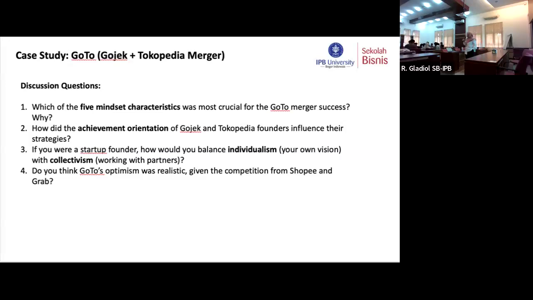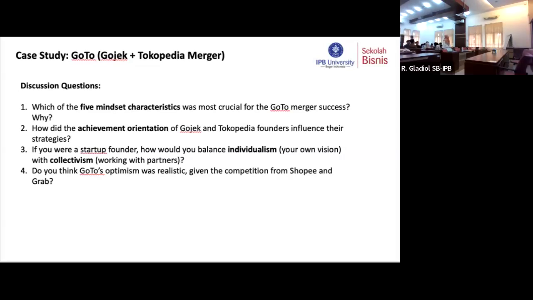Okay, our group thinks the most crucial mindset characteristic for the GoTo merger success is focus, because of allocating time and resources. We choose actually 2, based on control and focus. Then we analyze it and decide to choose control.